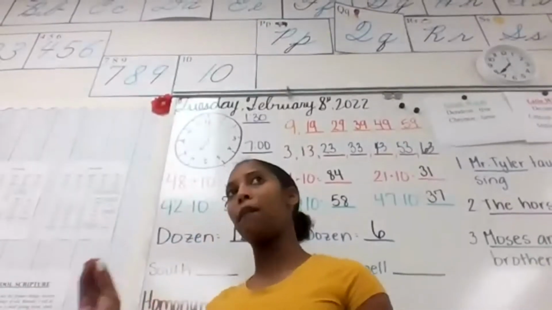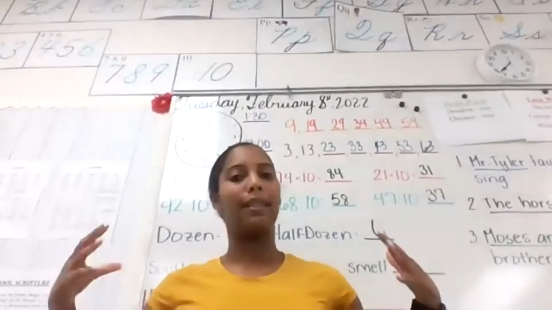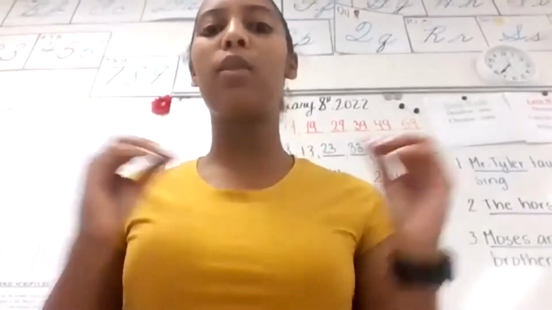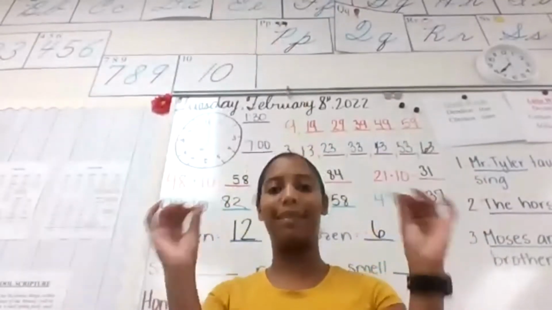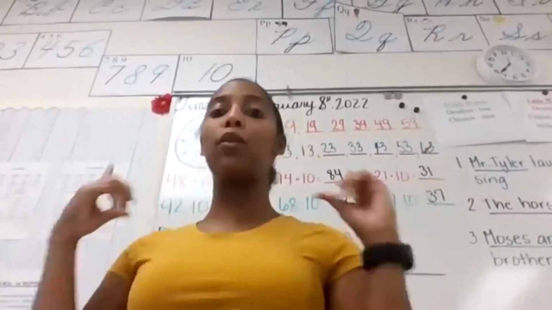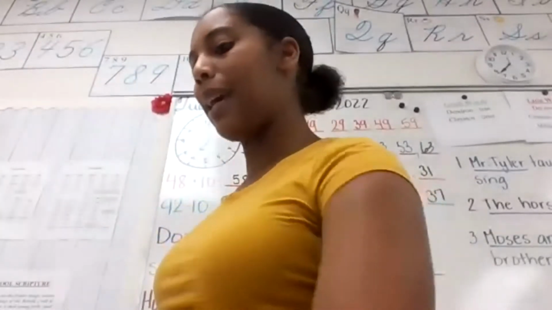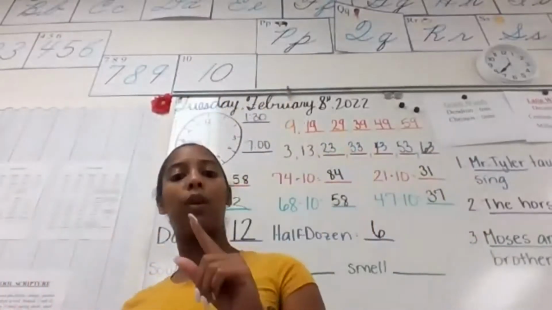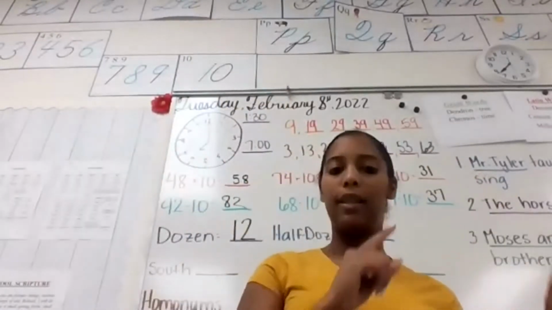And if I say I want half a dozen cookies, how many is that? 6. So a dozen means 12. Half a dozen means 6. You'll see this in your book tomorrow, that's why I want to go over it today.